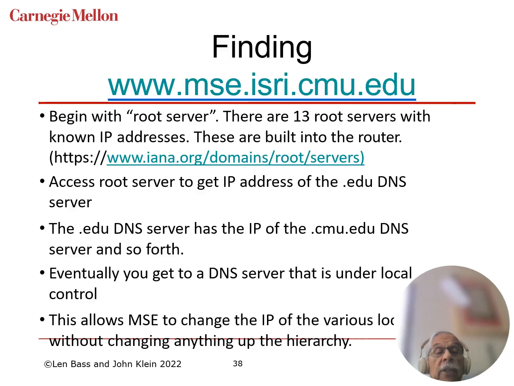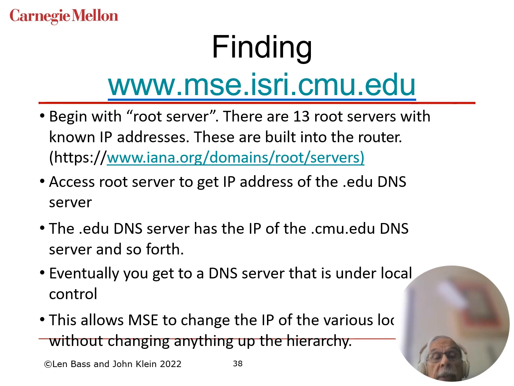And so it's arranged as a hierarchy. So you start with a root server, and there are 13 root servers and they have known addresses. They're built into your router, and if you follow this URL, you can get to what specifically the IP addresses of the root servers are.